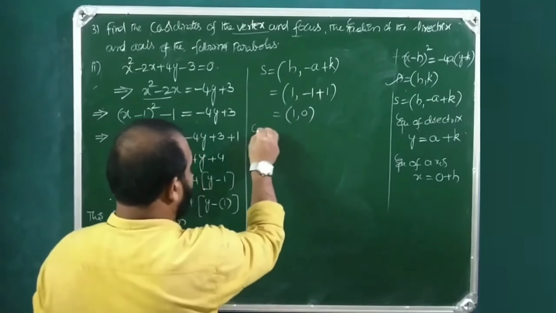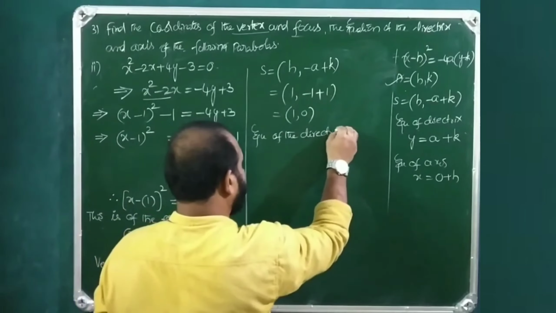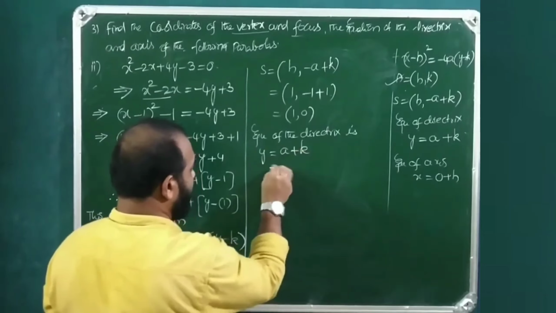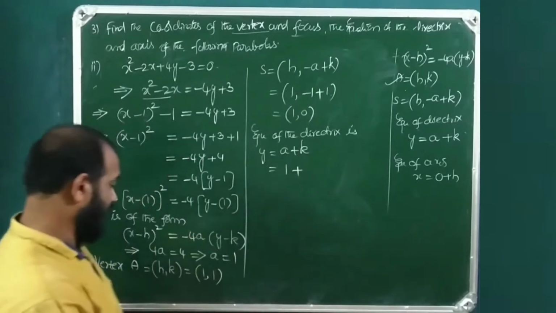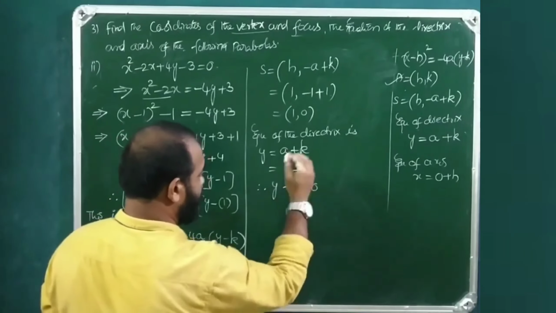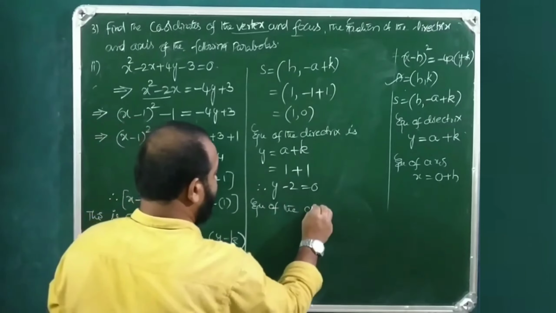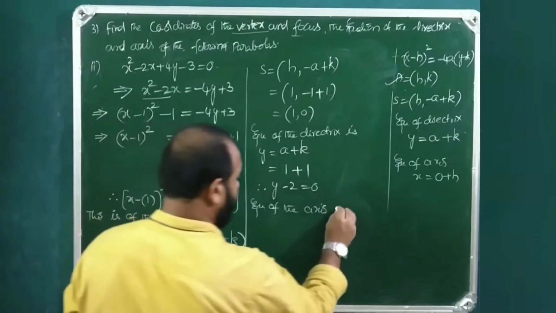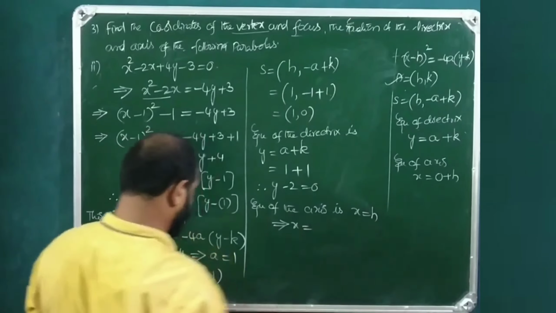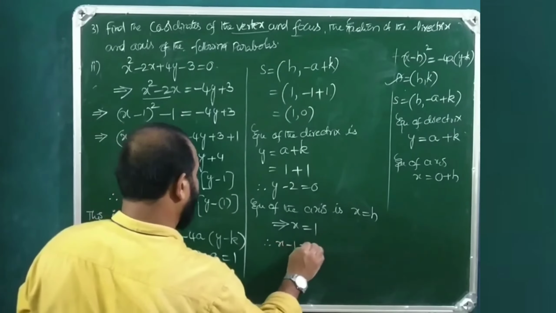And the equation of the directrix is y equals a plus k. a is 1, plus k is 1. So therefore it is y equals 2 or y minus 2 equals 0. And the equation of the axis is x equals h. So x equals h, which is here 1. So therefore it is x minus 1 equals 0.